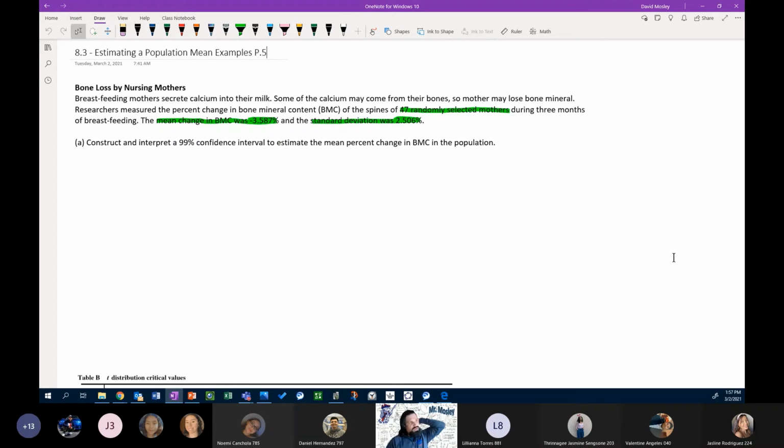We need to construct and interpret a 99% confidence interval to estimate the mean percent change in BMC in the population. All right, so this is what we're working on. So we're going to use our 4-step process here, and we'll start with stating what we're going to do.